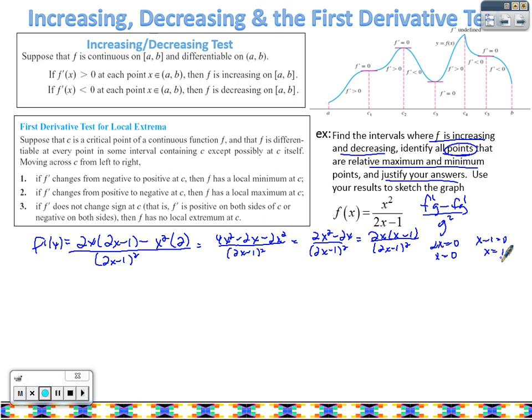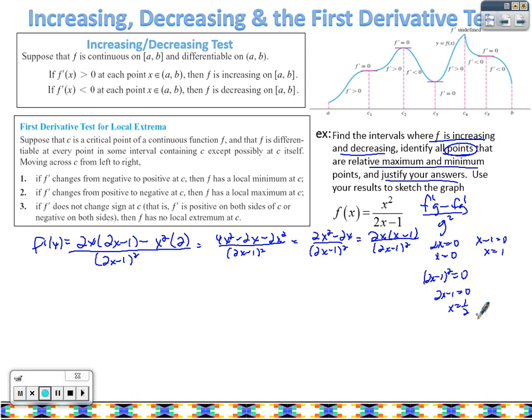Okay, so now I need to find my undefines. So 2x minus 1 squared is 0, so I would take the square root of both sides and solve for x, and I get x is a half. And what kind of critical number is this? It's a singular point.